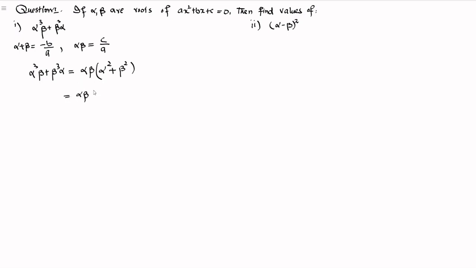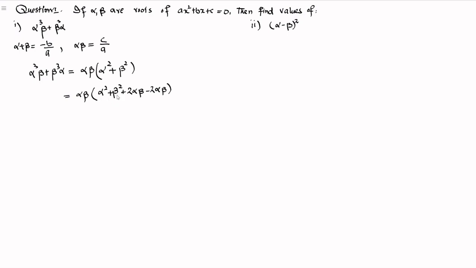Alpha beta, and this can be written as alpha square plus beta square, and for completing the square we will add 2 alpha beta and we will subtract 2 alpha beta.